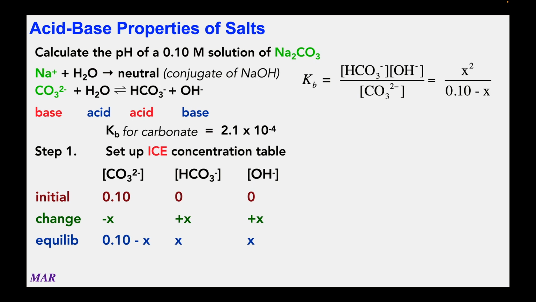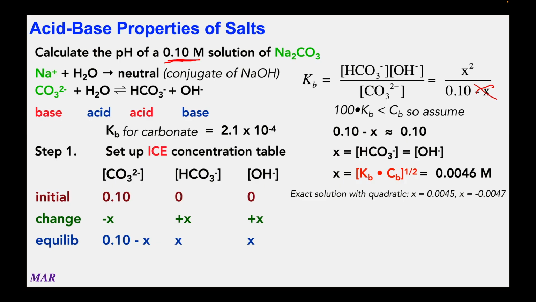And that is less than 0.10. 0.10 would be 1.0 times 10 to the minus 1. So 100 times K is less than C. We are justified in pulling out that minus X. So if you do that, then X equals square root Kb times Cb, it comes out to be 0.0046.